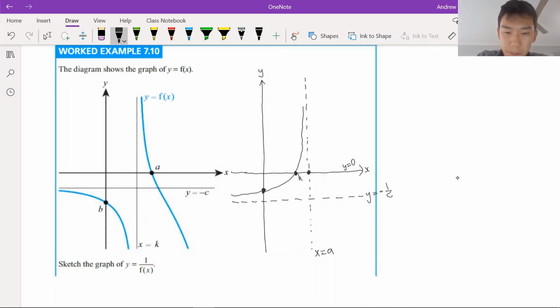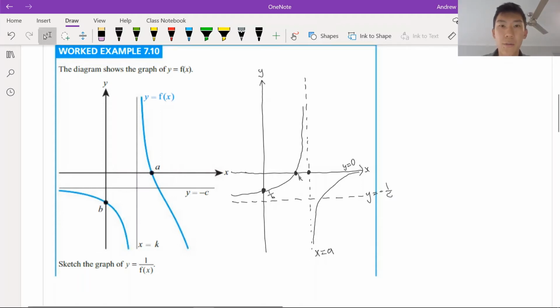Okay, so 1 over b, and then we have to take into account that it's still a function, but y equals 0 is another asymptote, so it should approach y equals 0 but never hit it. So it's going to start down here and continue this way. Alright, so there's our reciprocal function. Bit tricky, this one, lots of little things you've got to look out for.